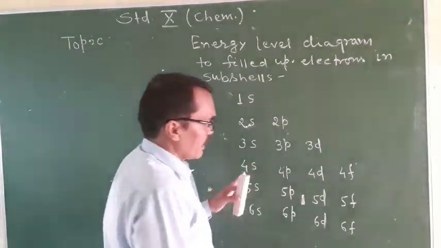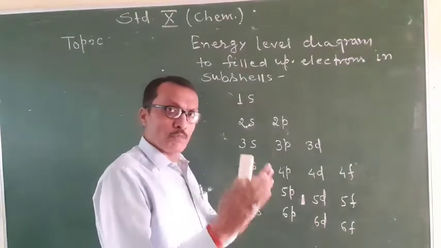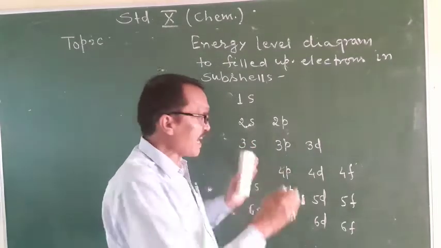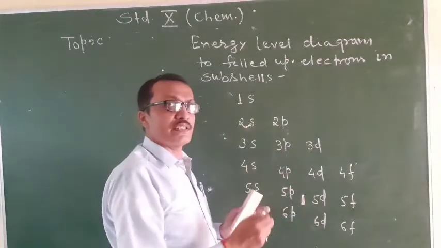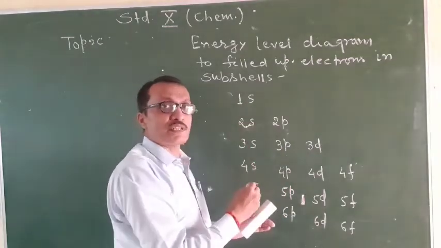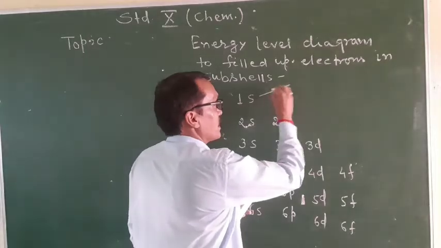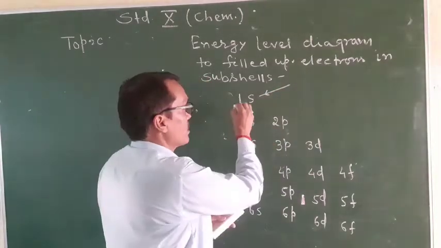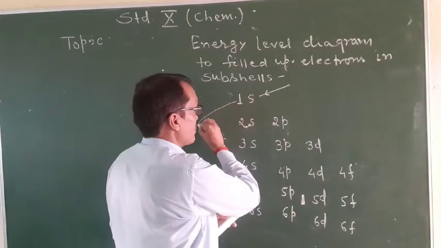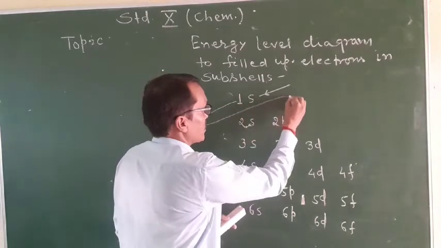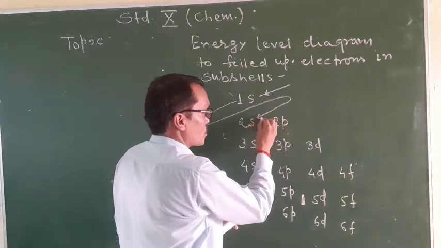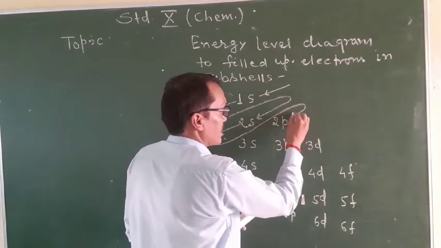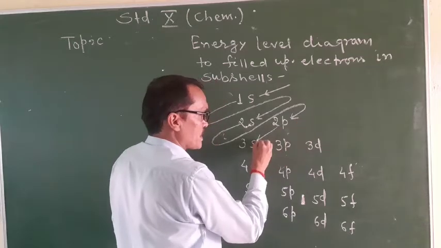Now, electrons start filling from lower energy level to higher energy level. And here, the lowest energy subcell is 1s. So first of all, electrons go to the 1s subcell. When the 1s subcell is filled up, then electrons go to the 2s subcell. When 2s is filled up, then electrons go to the 2p subcell.